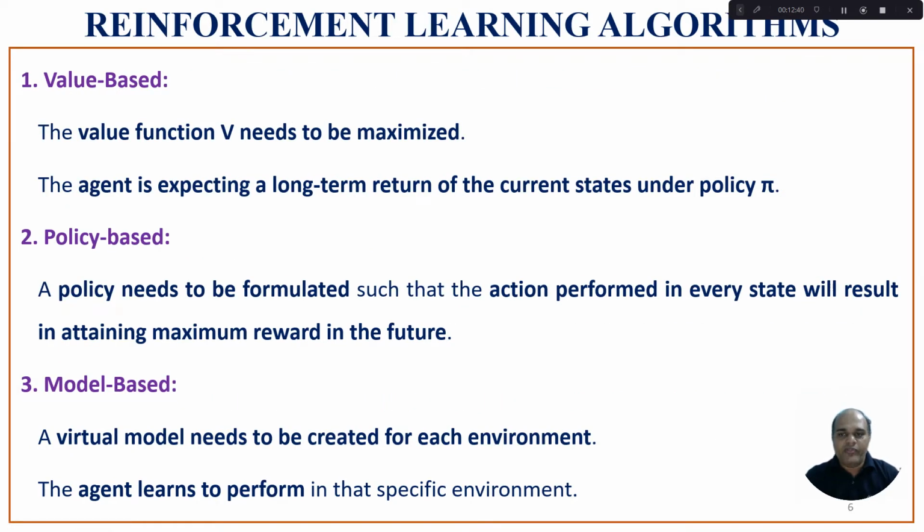So we have different types of reinforcement learning: value-based, policy-based, and model-based reinforcement learning. Value-based means the reinforcement learning algorithm should work on maximizing the value function. Value is nothing but the long-term expected outcome: if I perform a certain sequence of operations, whether the agent can reach the final destination or not.